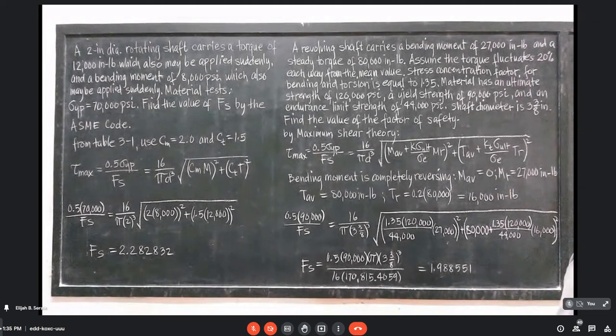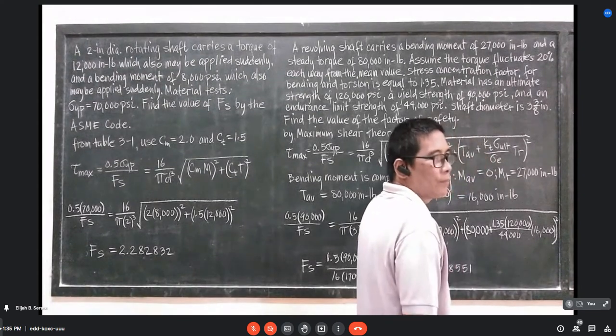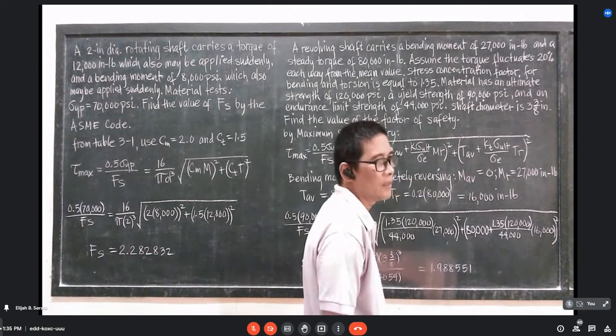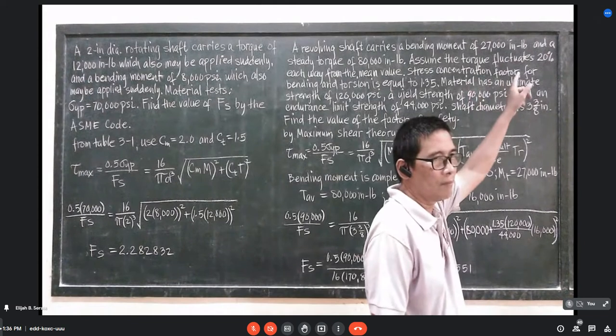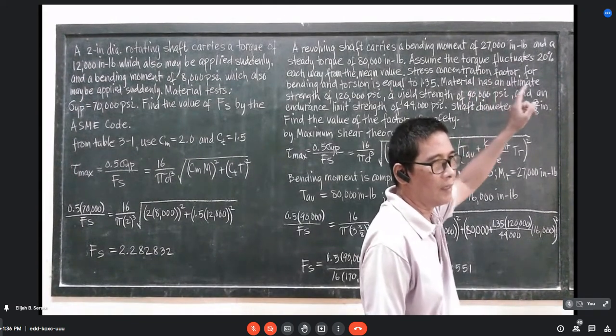Because it is a bending moment, sir. Oh, so it is always range, never average? If this one fluctuates, what is it then?